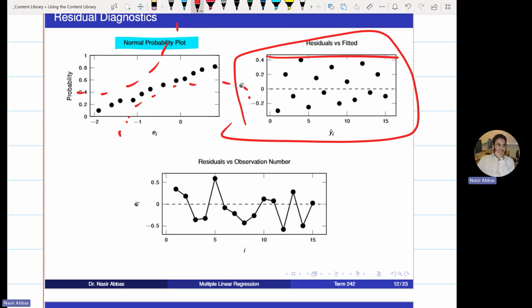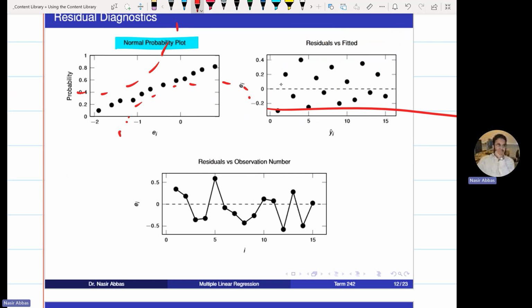If there is a straight funnel like this one, everything is okay. If you see a curve, linearity is violated. Curve like this one or this one, linearity is violated. If you see something like this, increasing variance, not equal variance. So the last assumption of equal variance is violated.